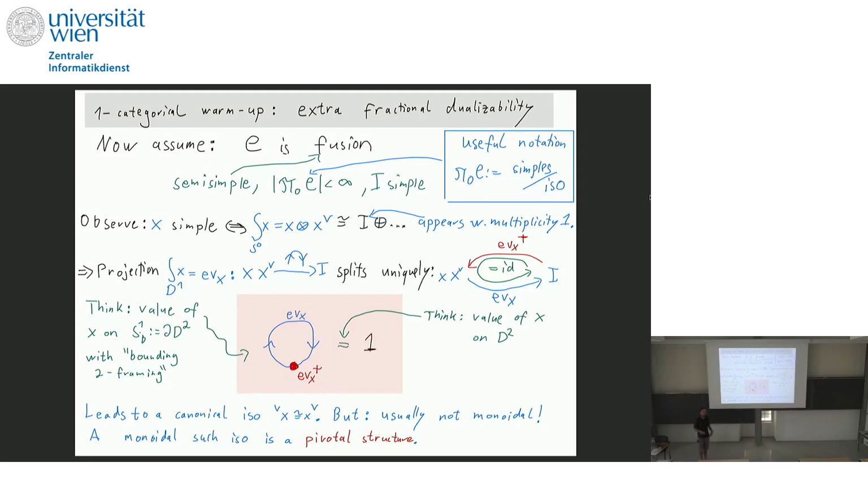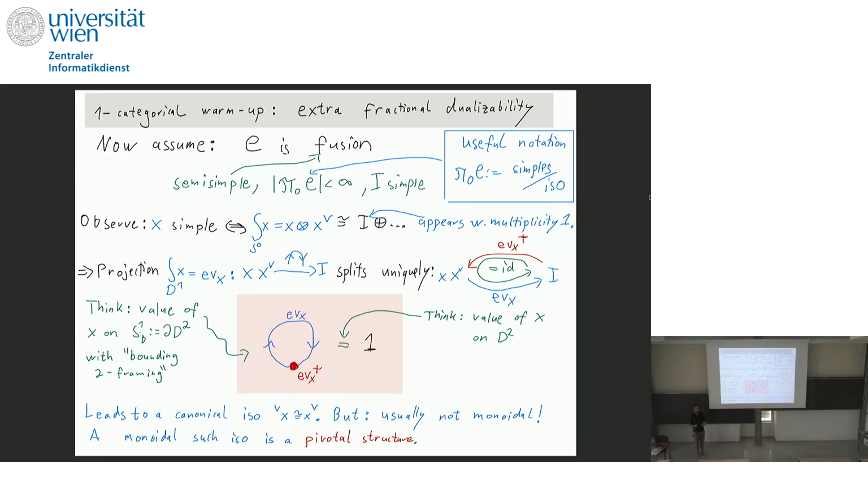Of course, a framed disk, yes. I think of this as a framed disk, exactly, with the standard framing. But as a consequence, I think of the circle now not as tangentially framed, but as tangentially two-framed. So I've given myself a little bit of extra framing, and that allows me to now draw circles. That's just an interpretation of the story. And this leads to a canonical isomorphism from the left dual to the right dual, but this isomorphism, of course, is usually not monoidal.